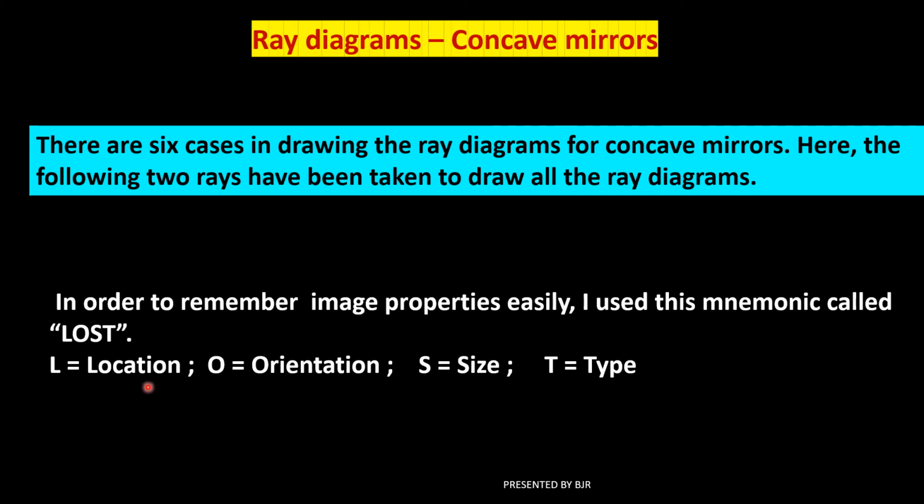Location means where the image is formed, that is knowing the position of the image. Orientation means is the image erect or inverted. Size means is the image magnified or diminished. Type means is the image real or virtual.